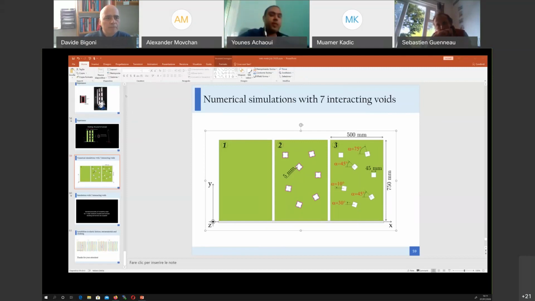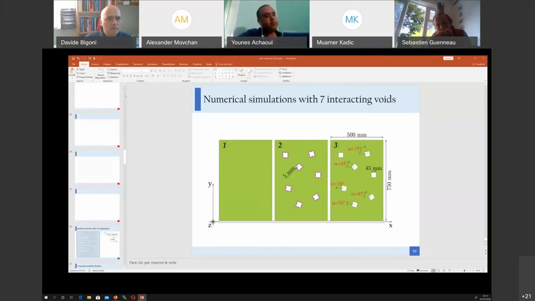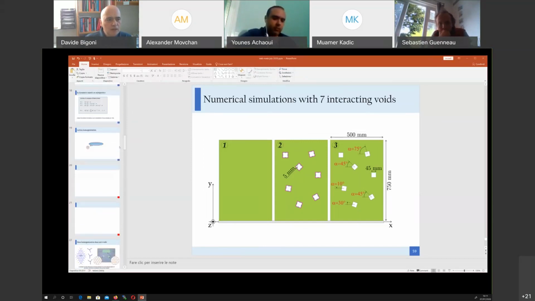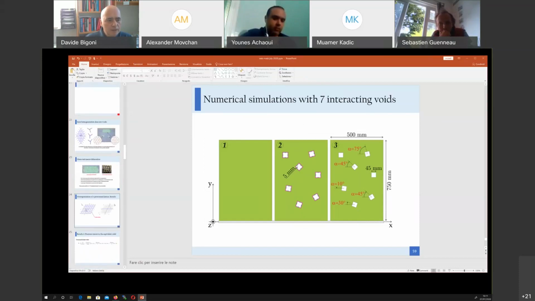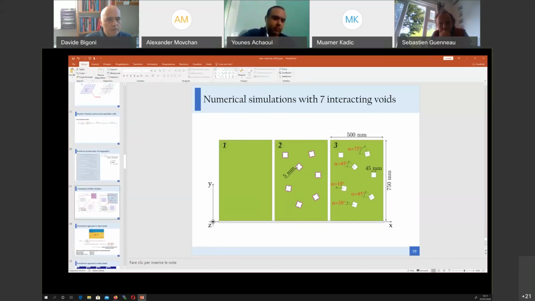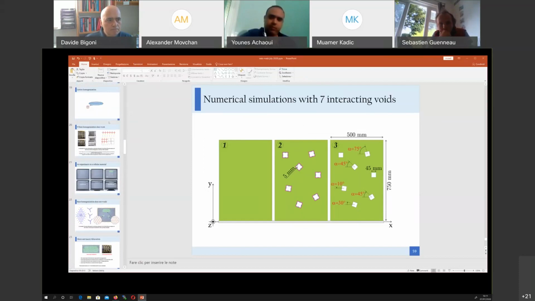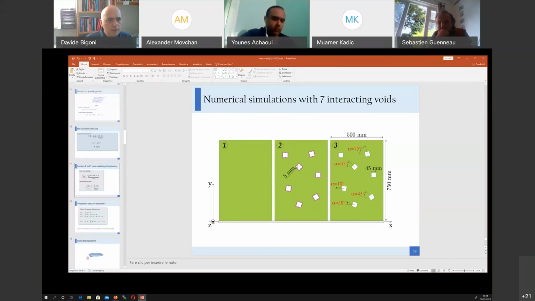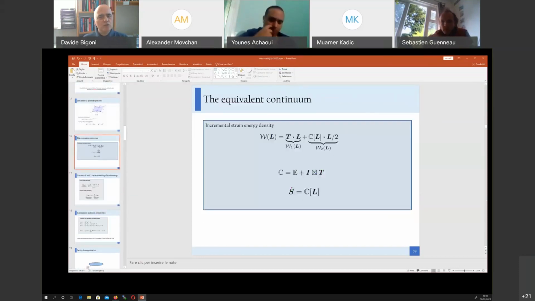So this is standard elasticity. Let me find the proper image. The computer is very slow. If we consider these constitutive equations, they are standard for linearized nonlinear elasticity.